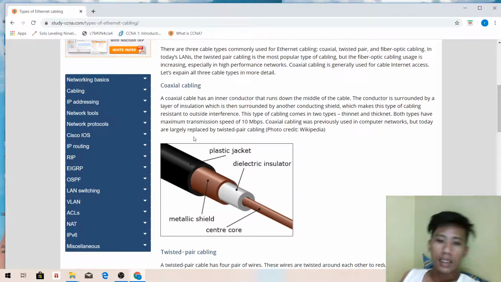This type of cabling comes in two types: the thinnet and the thicknet. What are the differences between them? Both types have a maximum transmission speed of 10 Mbps. Coaxial cabling was previously used in computer networks, but today it is largely replaced by twisted pair cabling.